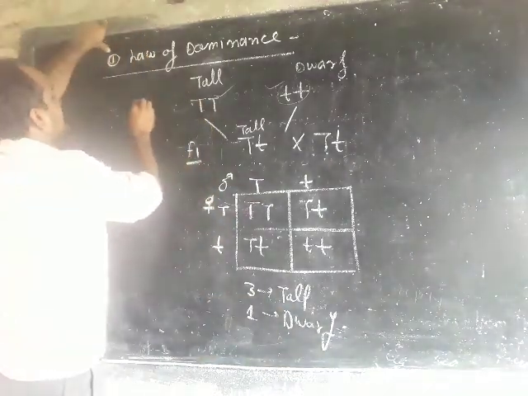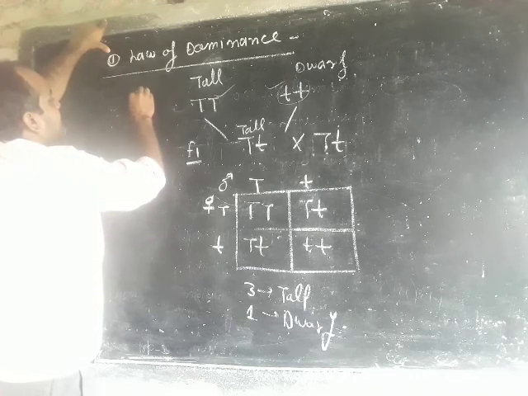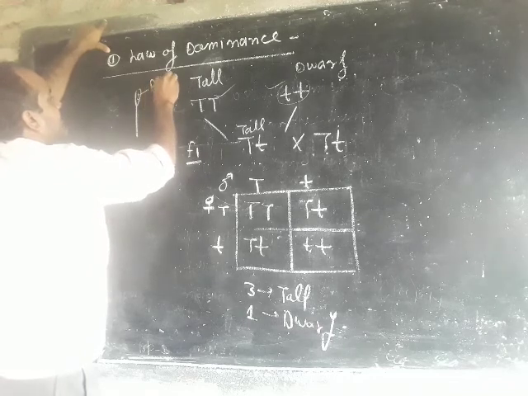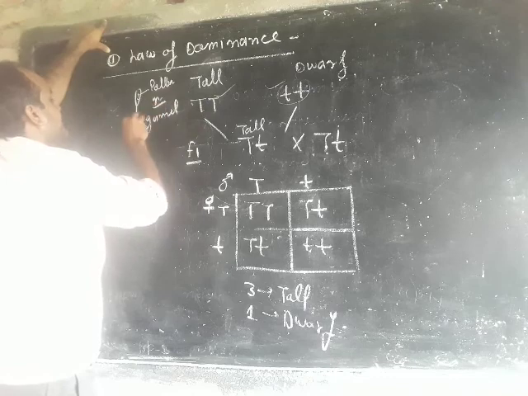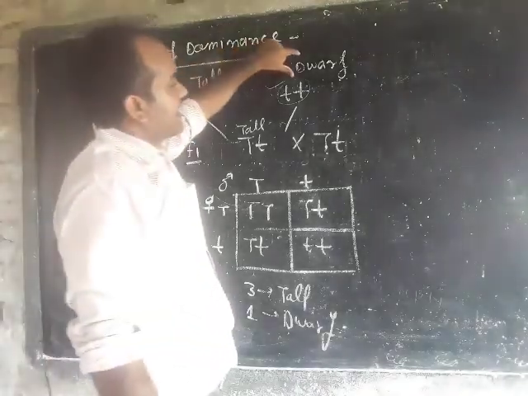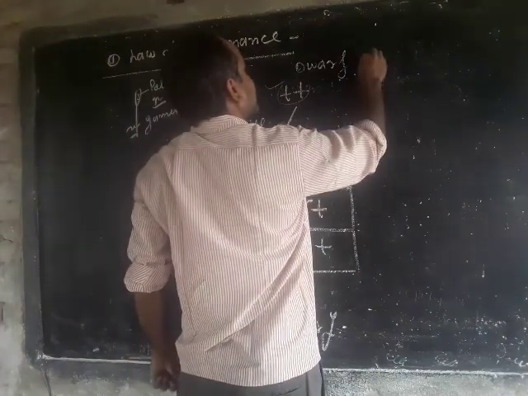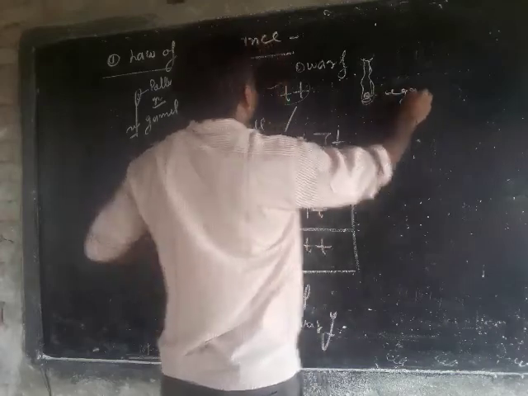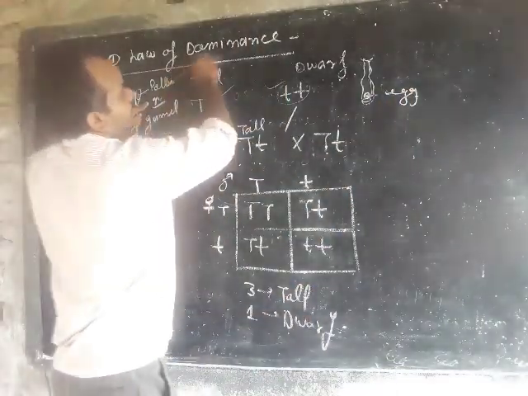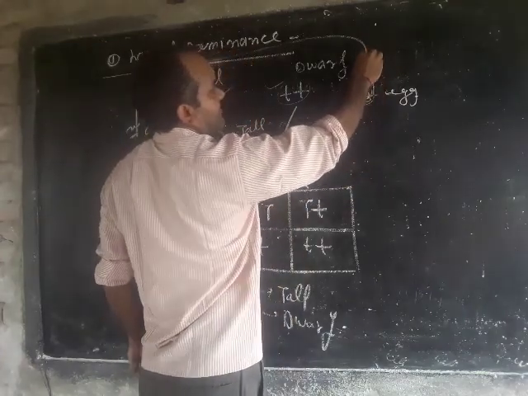Cross means, in the tall plant, the male reproductive part is the anther or stamens. It has pollen grains, and these pollen grains have male gametes. In the dwarf plant we have stigma, style and ovary; the ovary has an egg. The pollen grains are transferred onto the surface of the stigma and form a pollen tube.